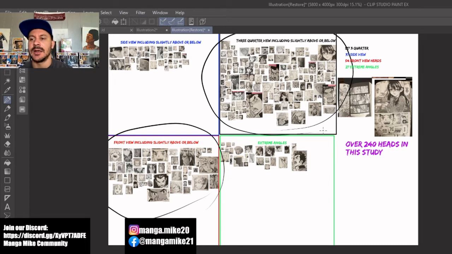as these two, and as you can probably tell, this is because these two particular angles of the face are going to give us the most emotion. They're going to allow us to put in the most detail. And they're also going to catch the eye of the reader more.